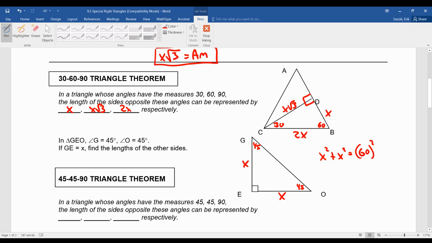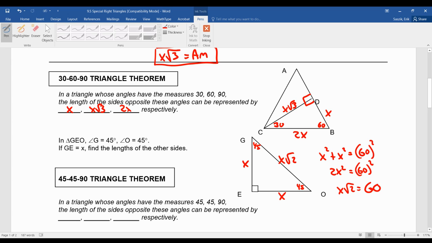That says GO, not 60. So that's 2x squared equals GO squared. Take the square root. The square root of 2x squared is x root 2.